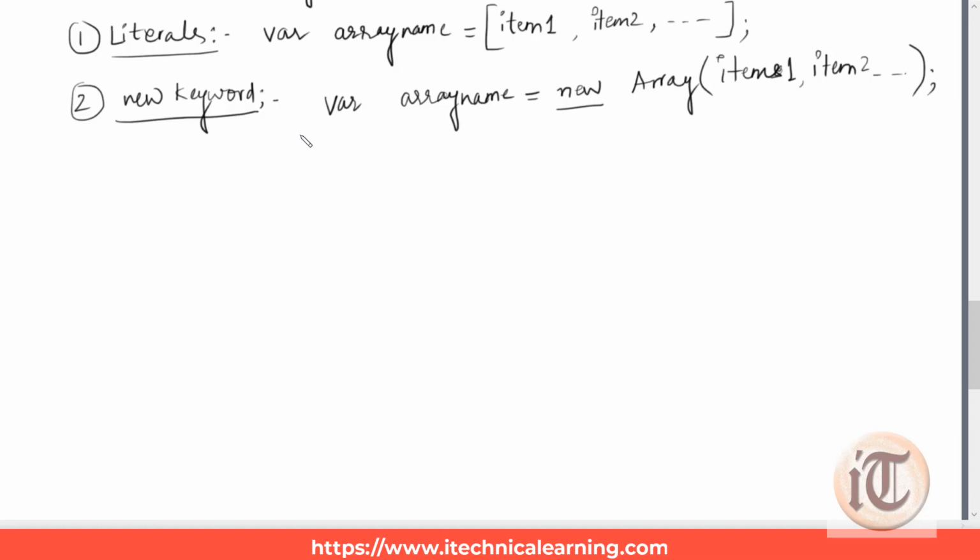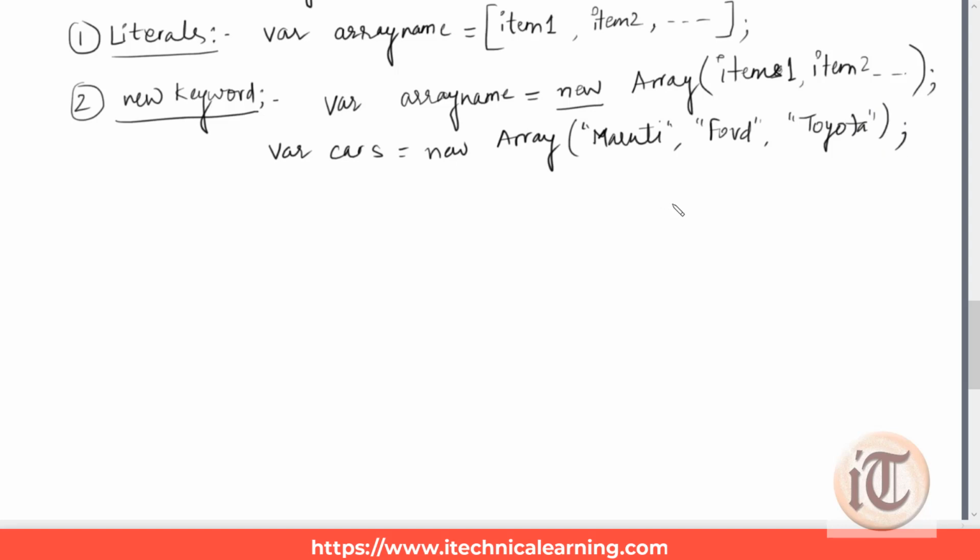If I declare the same collection of cars using new, I'll write var cars equals new Array, then my collection, first Maruti, then Ford, then Toyota, and at last a semicolon.